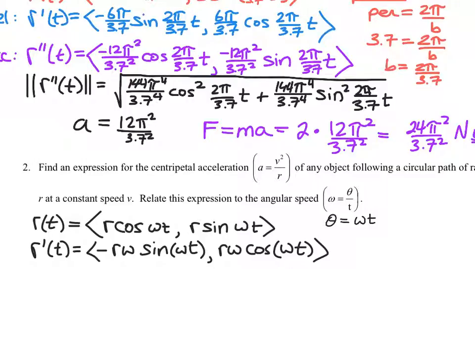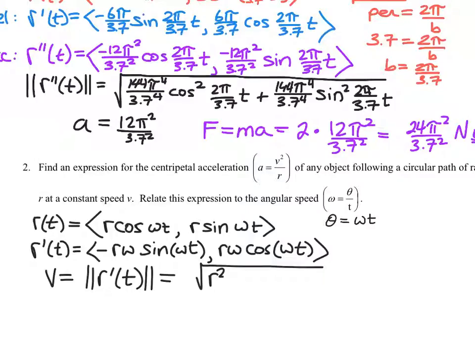Since I'm looking to find the expression for the centripetal acceleration, I know that I'm going to need my velocity's magnitude in a sec, so we might as well just get that now. Velocity is going to be equal to the magnitude of r prime of t. Actually, we're looking for velocity squared, so we could even just take this expression and drop the radical. I'll leave that up to you, if you want to show that step.